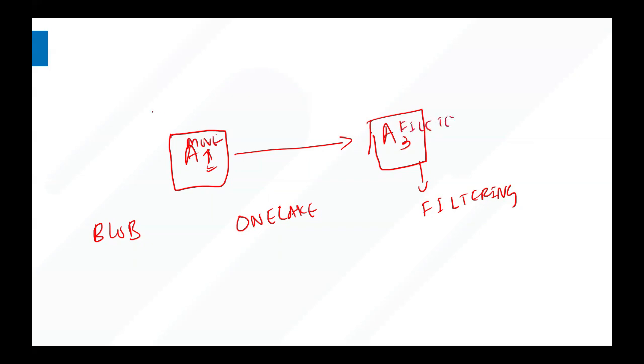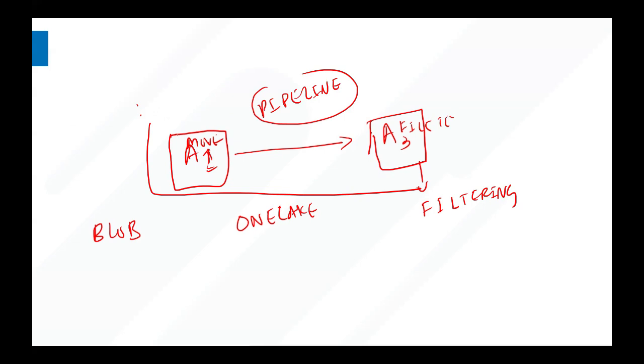Now, these two activities string together to create a pipeline. So, pipeline is a logical grouping of these two activities to perform a task. The task is moving the data and filtering the data. So, pipeline is clear, activity is clear.